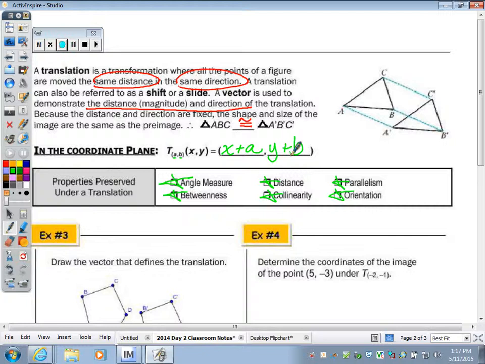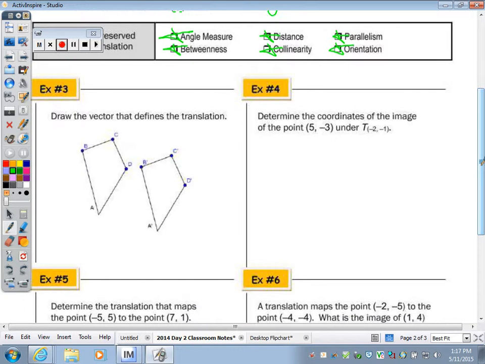So in the first one, all we have to do is simply draw the vector that demonstrates the translation. Take any point and its image. Let's pick a point. What letter?